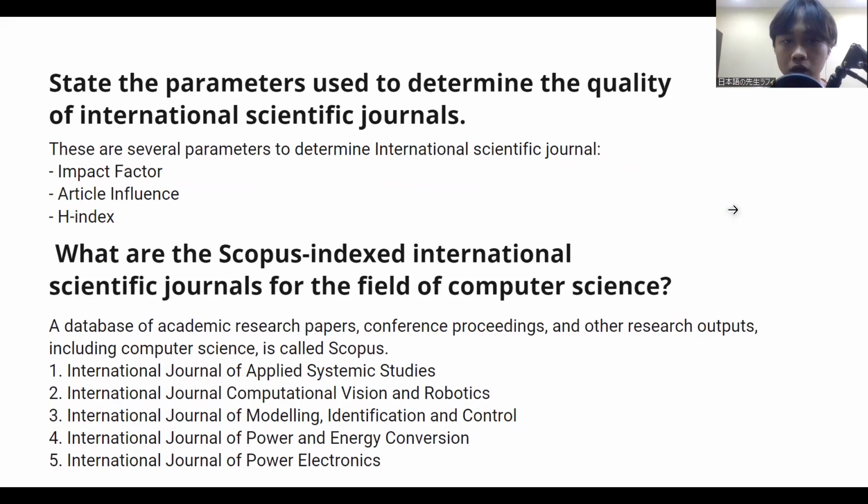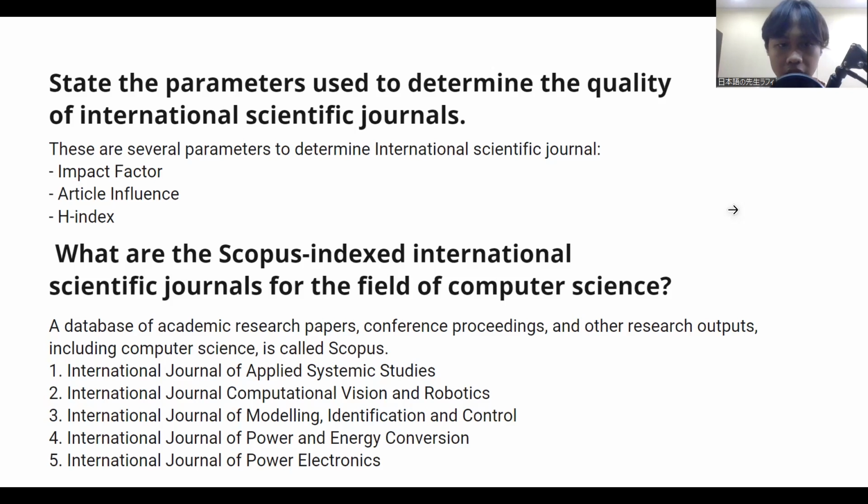And the next question is, what are the Scopus-indexed international scientific journals for the field of computer science? Basically, Scopus is a database of academic research papers, conference proceedings, and other research outputs, including computer science. So here are examples of computer science journals in the Scopus database.